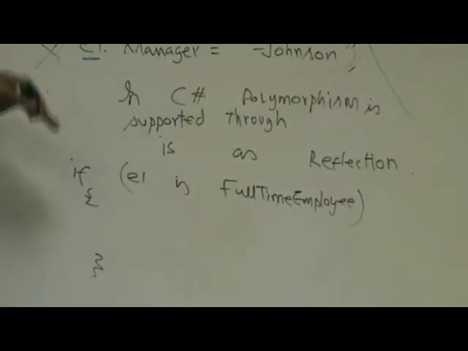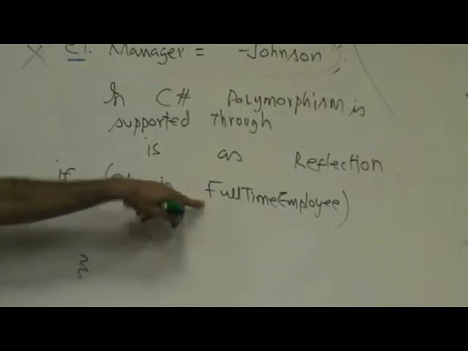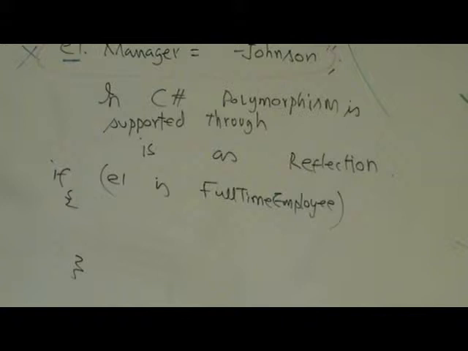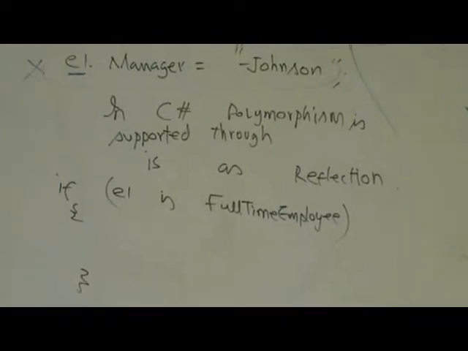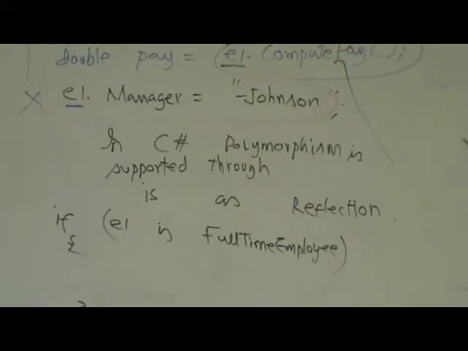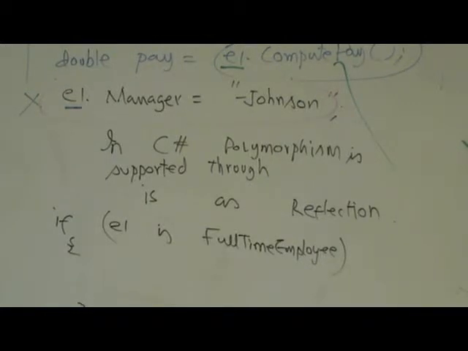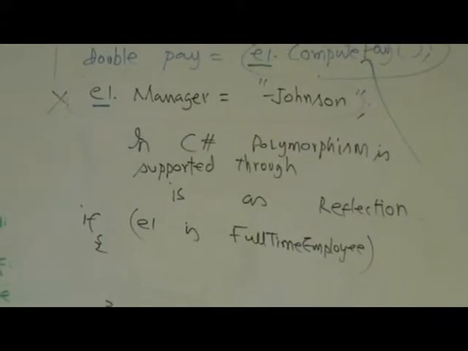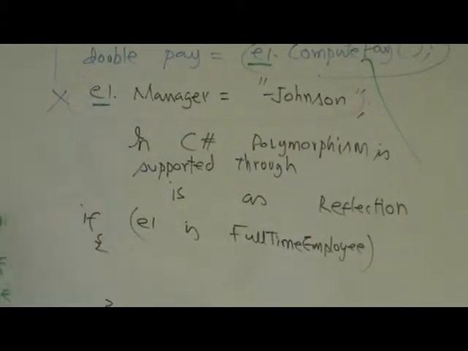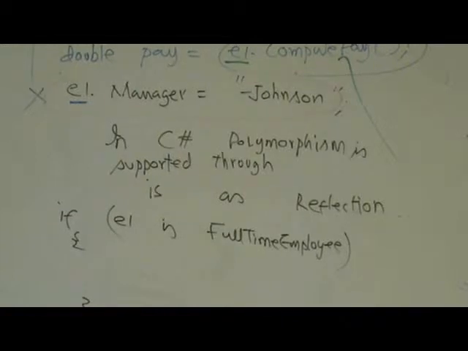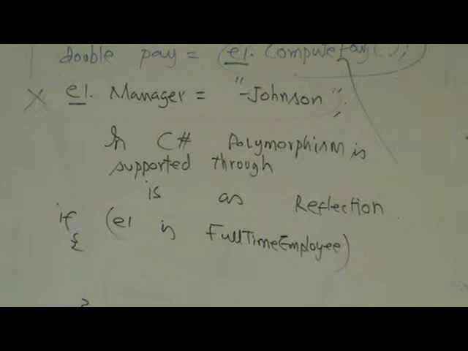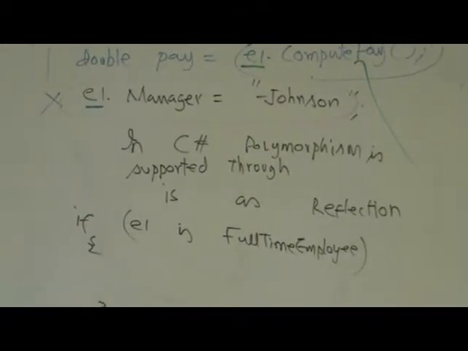By the way, this checking will again take place at runtime, meaning it will start from the reference, go to the actual object, go to the vtable, and the vtable further points to the type info. So this will check the type info to see it's pointing to the full-time employee. Actually, let me quickly put that picture again, because, like I said, these are the hardest concepts. If you're completely clear about it, the rest will become pretty easy.